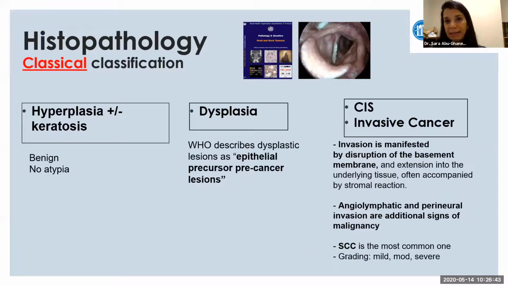If we look at the classical classification, if we took a biopsy from that lesion, most of the pathologies will be grouped into three different groups. It can be benign, like hyperplasia with or without keratosis. It can be one of the dysplasias, and we're going to talk about this in a moment. And then the far end is carcinoma in situ and invasive cancer.